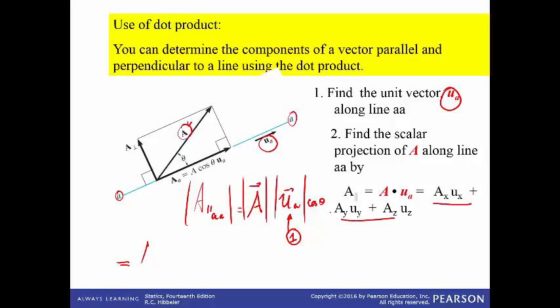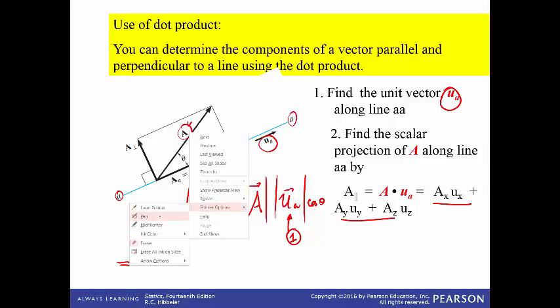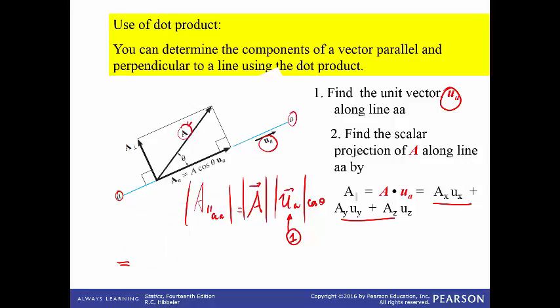So let me put it into context for forces, how we use it in statics. Let me change the pointer options. If this was a force, then I can obtain a unit vector along any line, and for this I use a position vector.